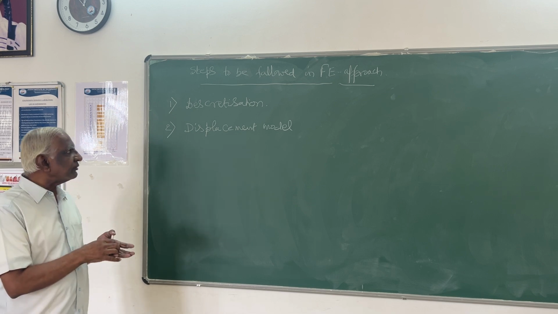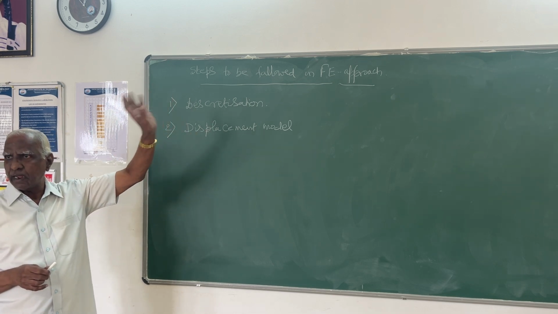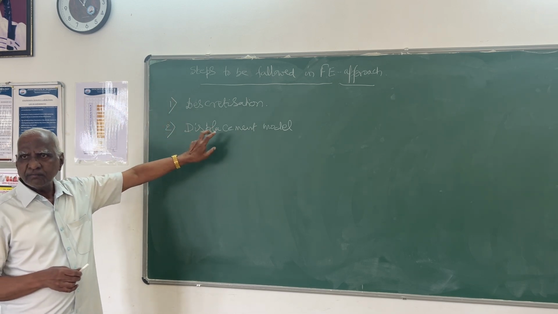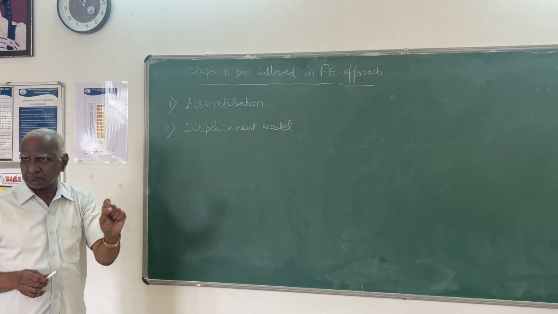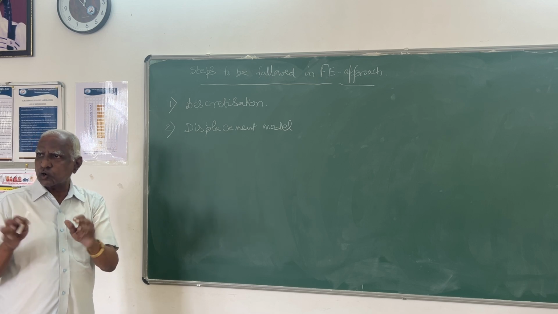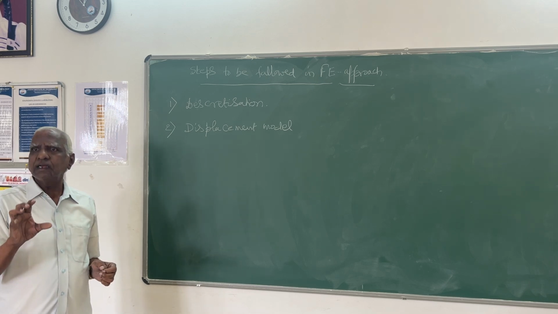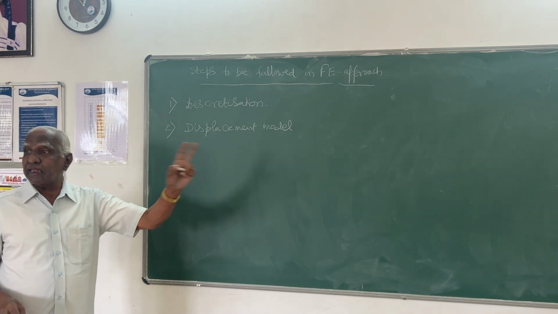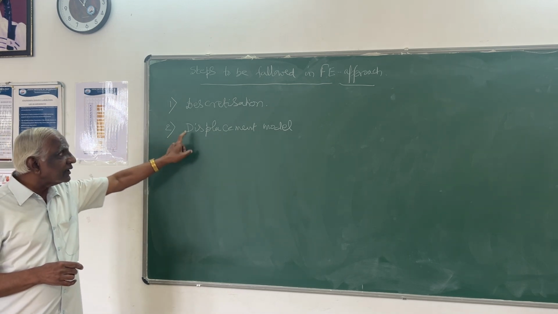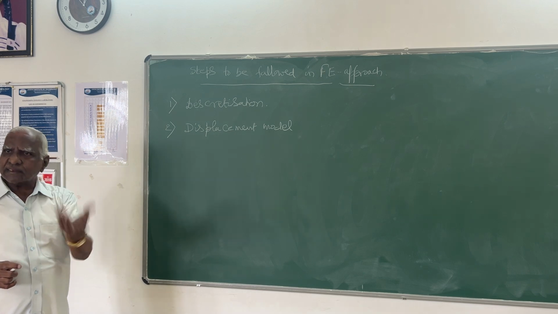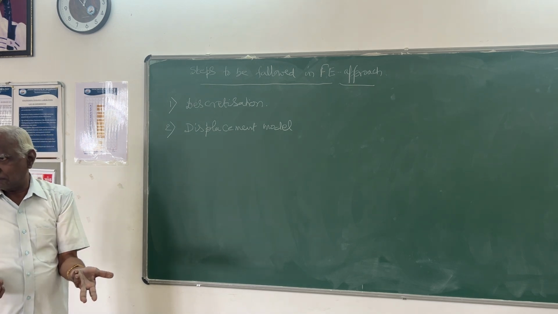So the independent variable is only the displacement, and at all the nodal points we have to select a suitable model or equation for defining the displacement. After knowing the displacement, the next step is to find the strain.